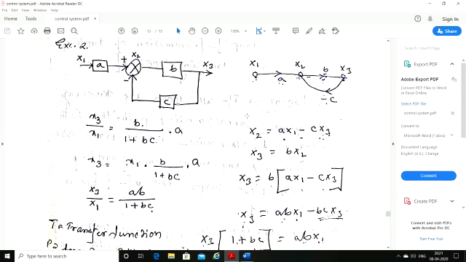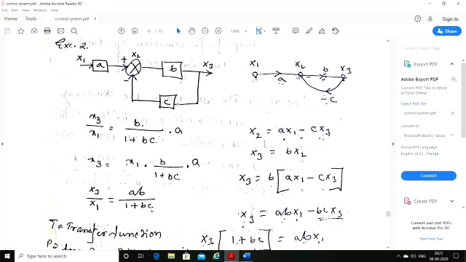For x2, x1 and a into x1 is coming, therefore x2 equals a into x1, and b into x3 leaves from x2, with minus c as the incoming feedback. So we will take those factors which come into a node.